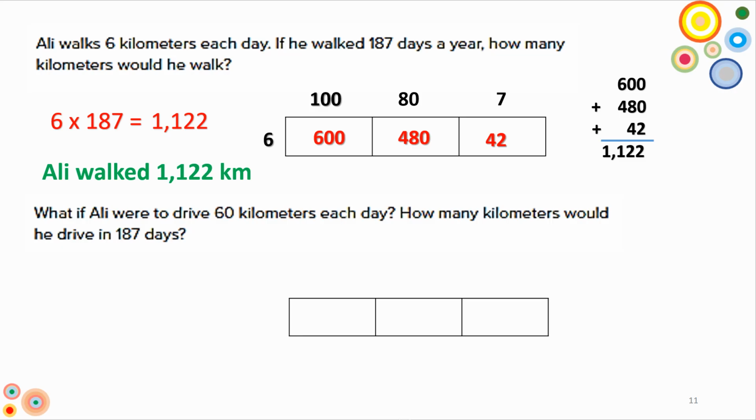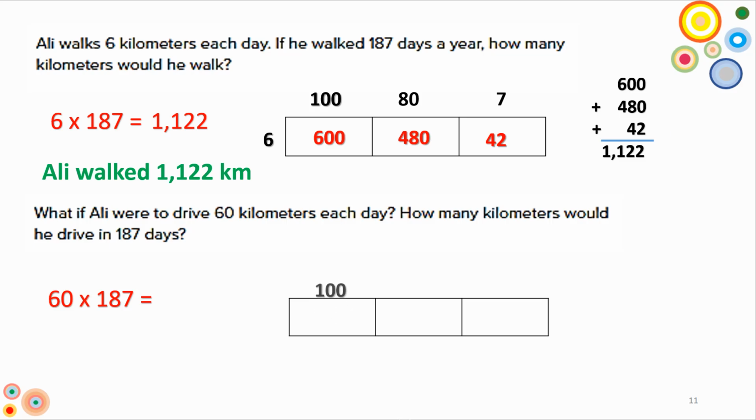What if Ali were to drive 60 kilometers each day? How many kilometers would he drive in 187 days? I have 60 and 187. What shall we do? Think. It looks like the other number. Look, 6 and 60 times 187 also.